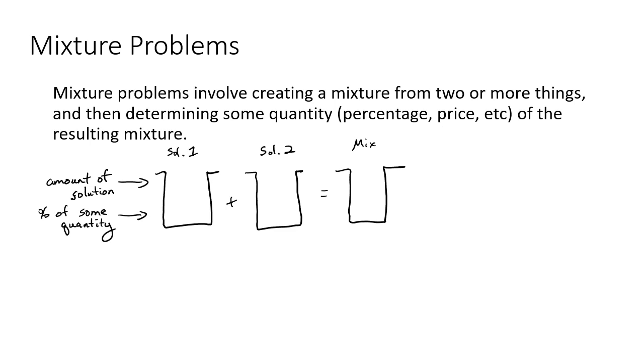And so let me put some fake variables here for a second. The amount of solution is A, the percent of some quality is X. Then let's say for a second we're talking about amount of milk and percent of butterfat. If we multiply those two together, that would give us total butterfat.